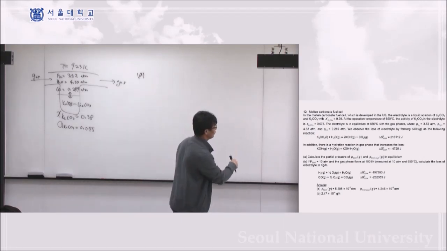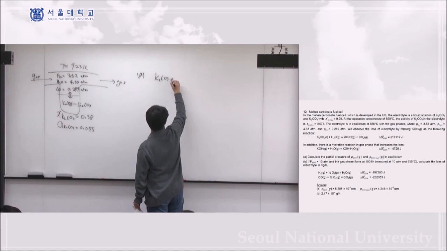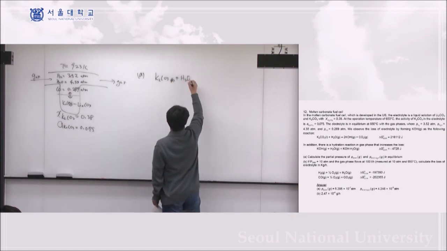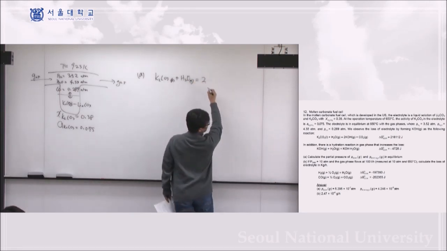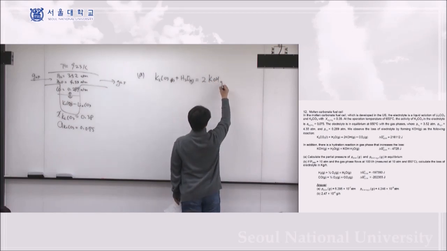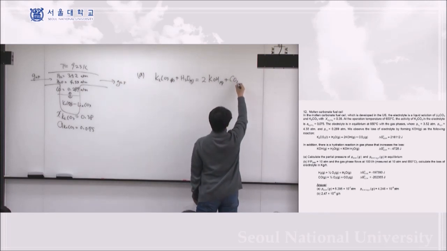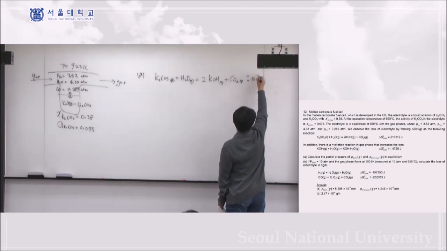The first one is, we have K2CO3 liquid phase reacting with H2O gas, which produces 2 moles of KOH gas phase plus CO2 gas phase, with delta G naught of this chemical reaction 1.